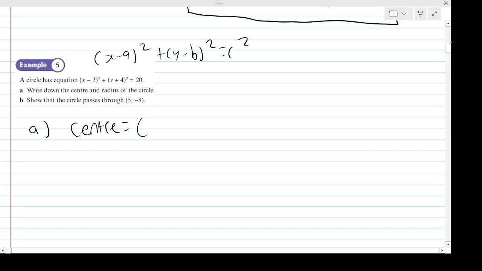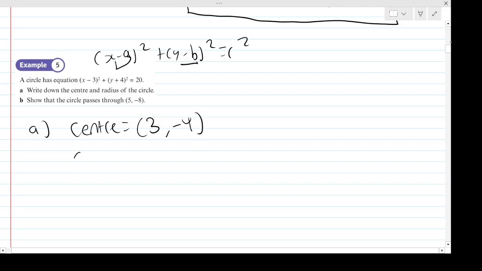Anyway, let's compare this formula. So we have x minus a, we have x minus 3, so the centre will be positive 3 for x. Then the y coordinate, y plus 4, y minus b, instead of plus 4 we'd have minus 4 there. So that's my centre.